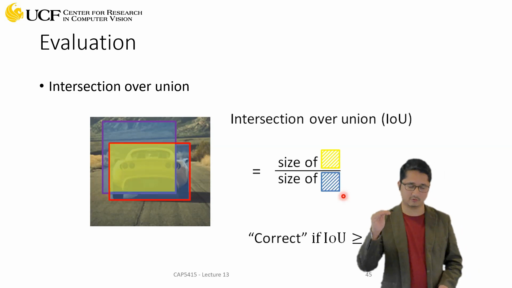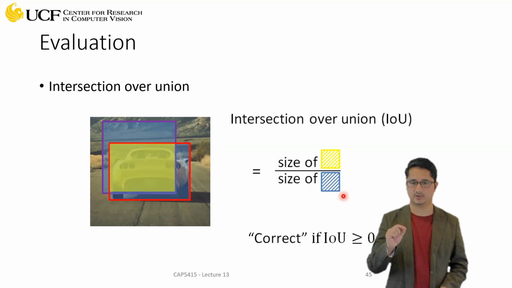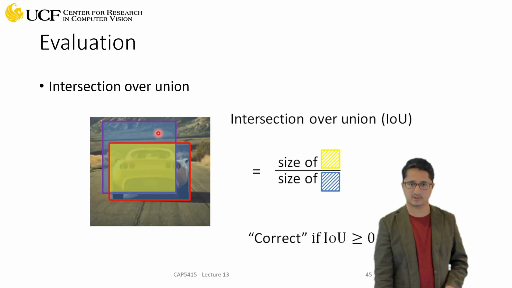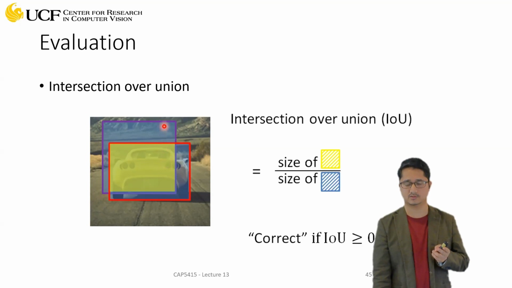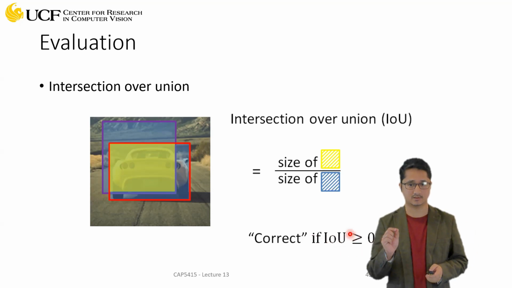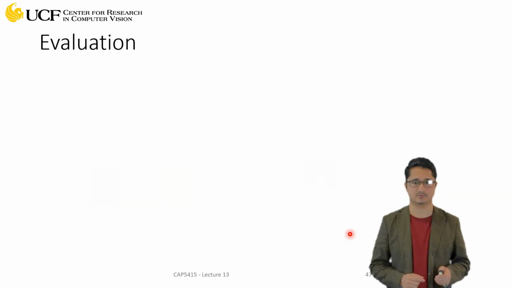If you have set the threshold of 0.5 for evaluation, you will have the ground truth, let's say this red box, and this purple box is your network's prediction. You will compute the IOU, and this prediction is correct only in two scenarios. Your class label should be correct, so your algorithm should say the purple box is actually a car, and the IOU score should be greater than 0.5. That's the threshold we are going to use when we do the evaluation.